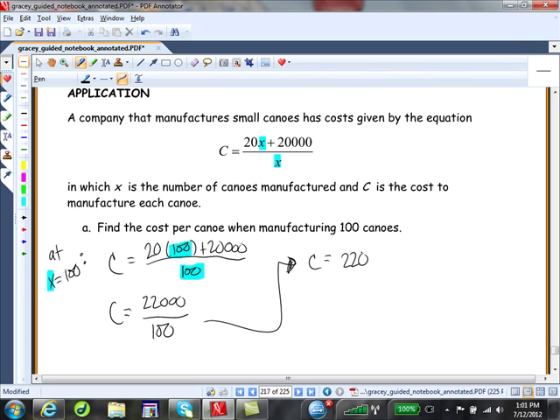So we'll answer when manufacturing 100 canoes, the cost is $220 per canoe.